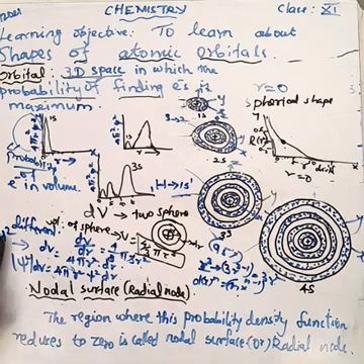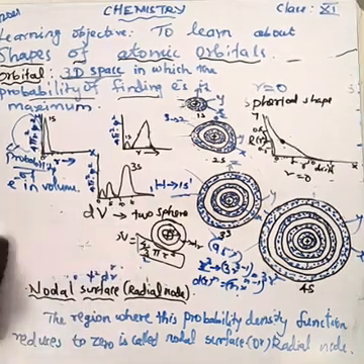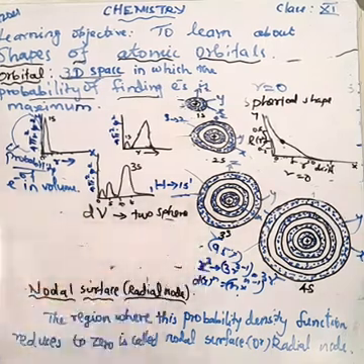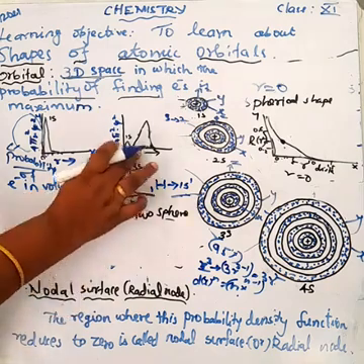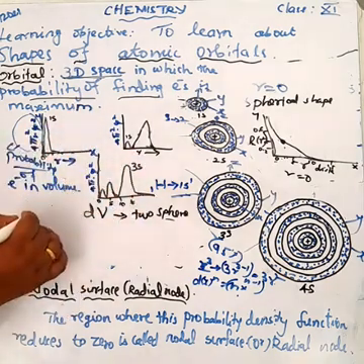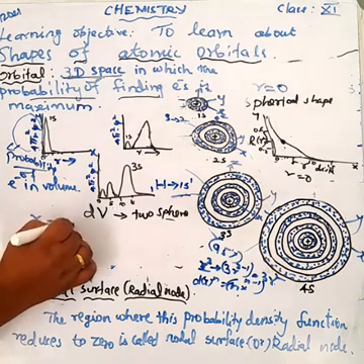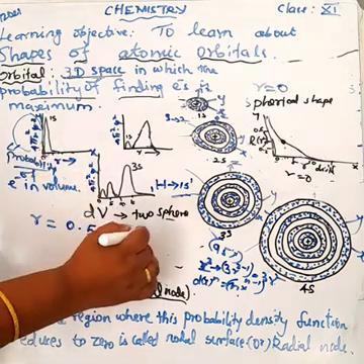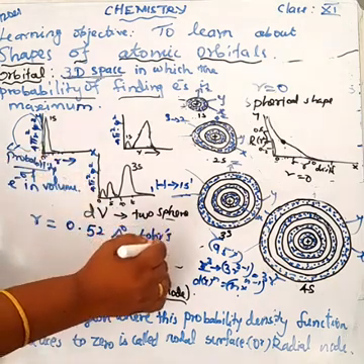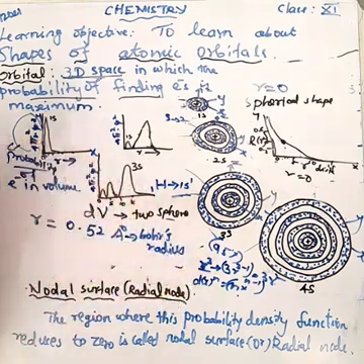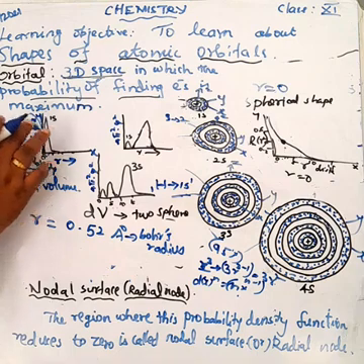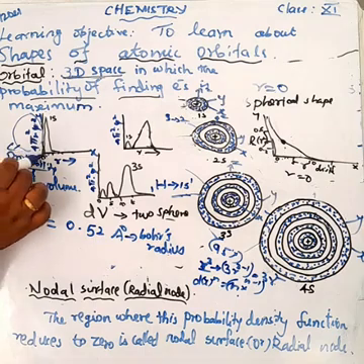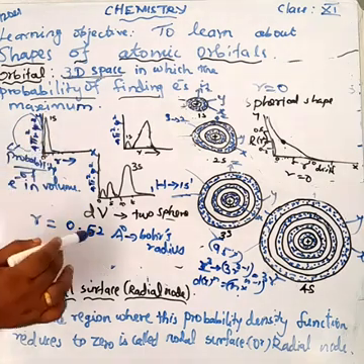R is the distance between the nucleus and the electron, that is 0.52 Angstrom, which is equal to Bohr's radius. It indicates that the maximum probability of finding the electron around the nucleus is at this distance, 0.52 Angstrom, in a hydrogen-like atom.